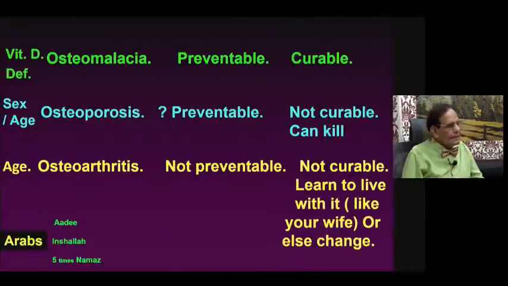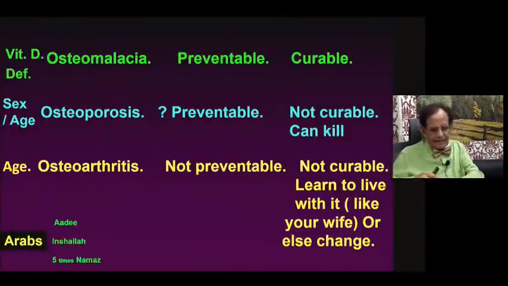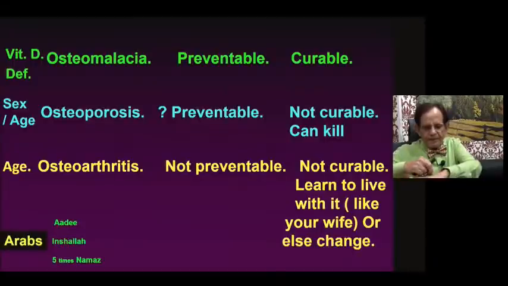So osteomalacia is preventable and curable. Why? Because it is due to vitamin D deficiency. Vitamin D is present in the sun, and unless you go in the sun, you will not get it. Not only that, even if you go in the sun, in elderly people the absorption of vitamin D is poor.